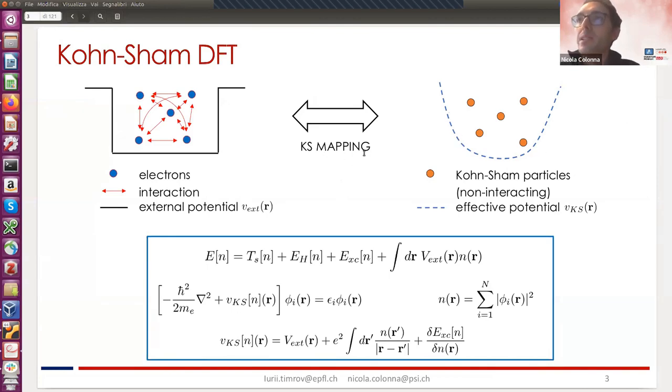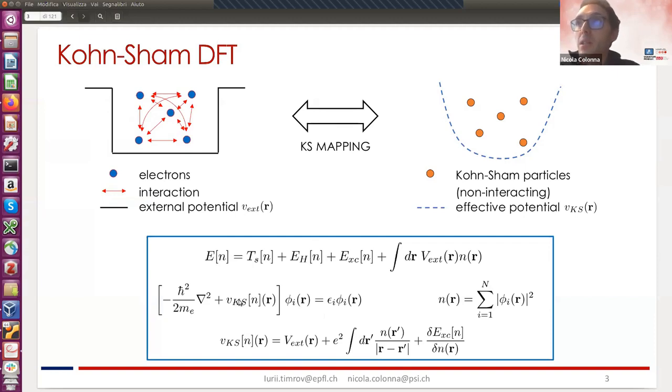Now, this mapping is exact, and this means that you can get access to the total energy and the ground state density of your interacting system simply by solving a set of single-particle Schrödinger equations, the Kohn-Sham Schrödinger equations, that essentially describe an electron moving in this effective Kohn-Sham potential.